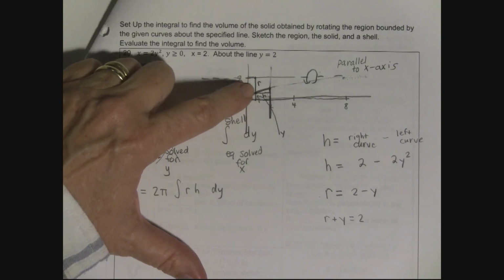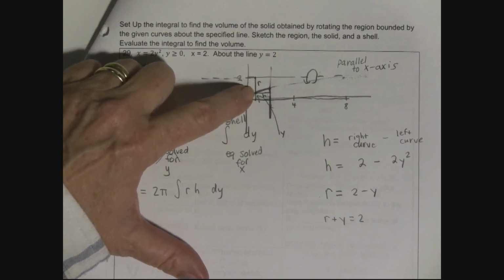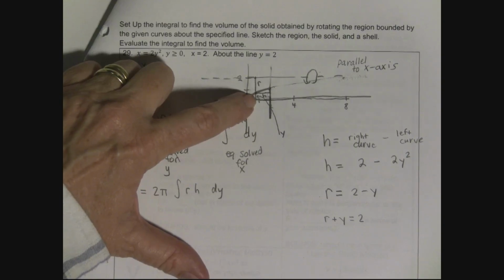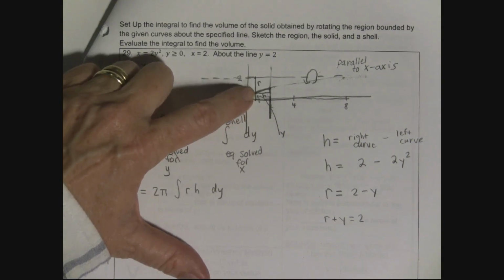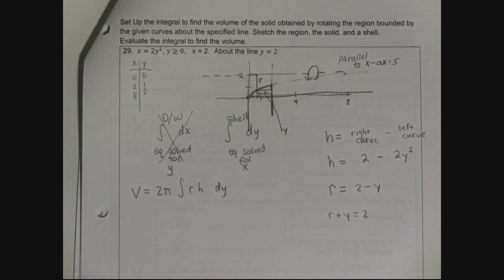The distance for part of the way is r, and then the distance from the x-axis up to any point is always called y. From the x-axis to a point, you're going up. In plotting an ordered pair, over is x and up is y, and that's exactly what you have going here.